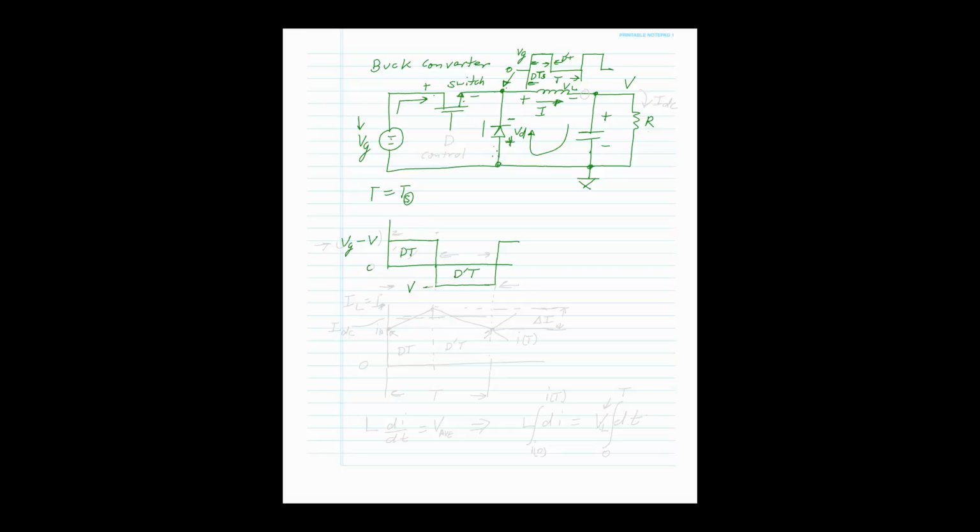You can see that this is 0, and it's going to be V, meaning the minus direction. So in reality, it's minus V, but it's below the axis.